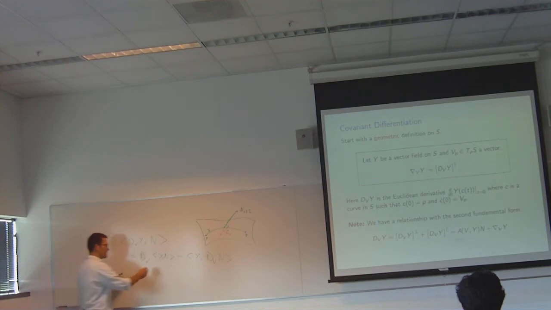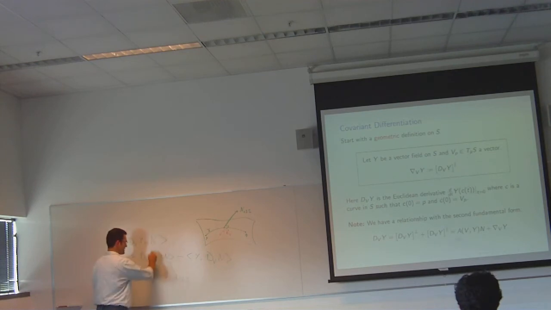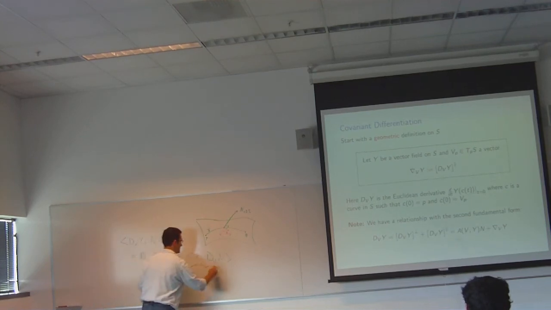And because y is parallel and n is normal, the first term is just 0, and you're left with just this.